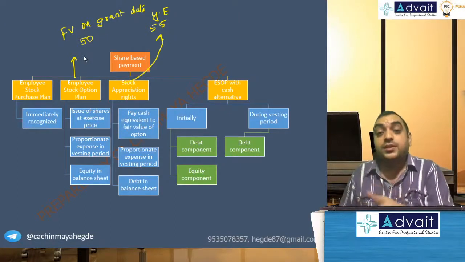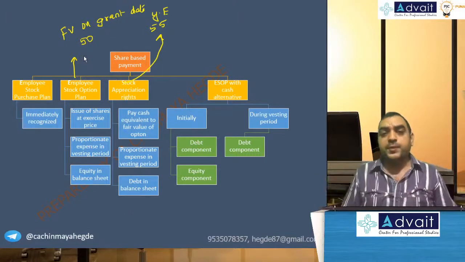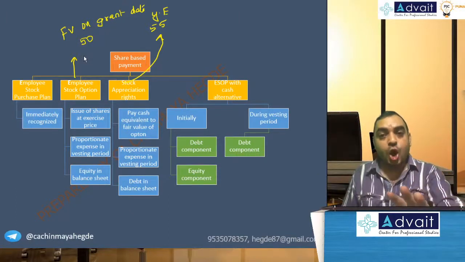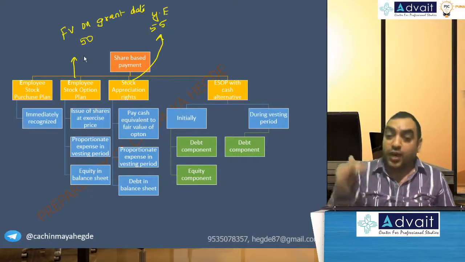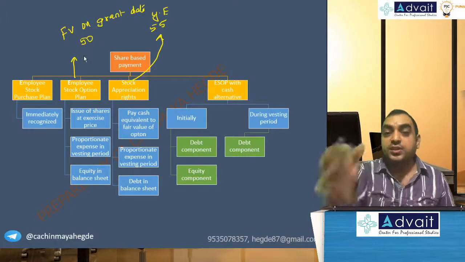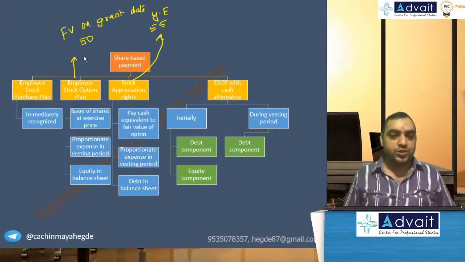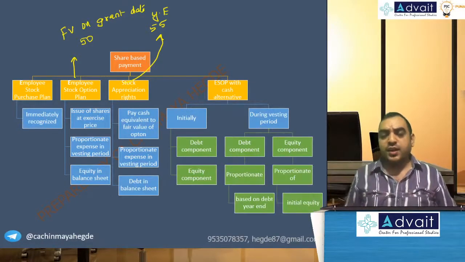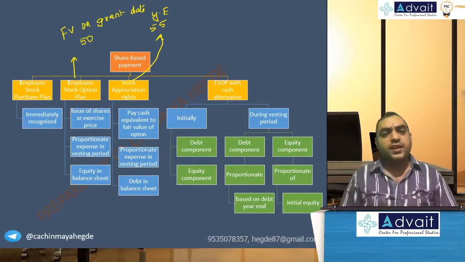Keep the basic principle in mind: equity elements, once recognized, are usually not remeasured; debt elements, once recognized, are remeasured on a fair value basis. These are general thumb rules. So you have to divide into the debt component and equity component proportionately. That one problem also we will handle.